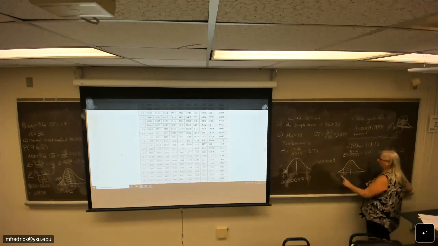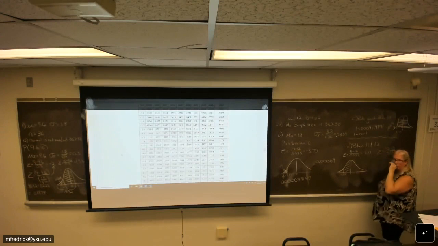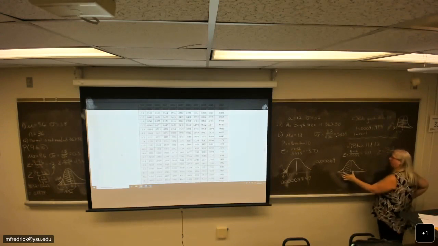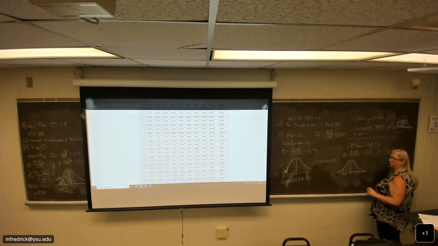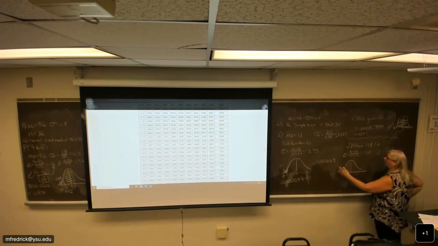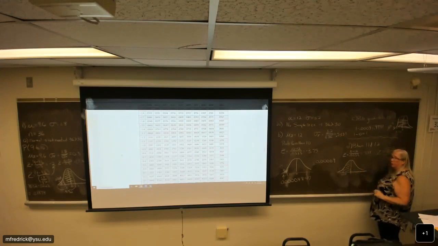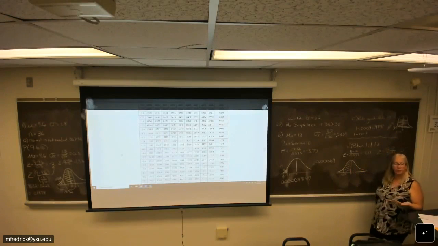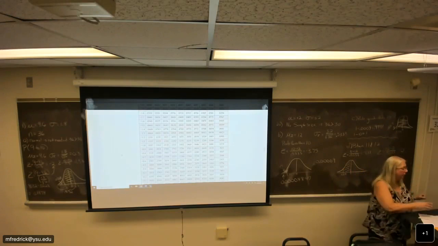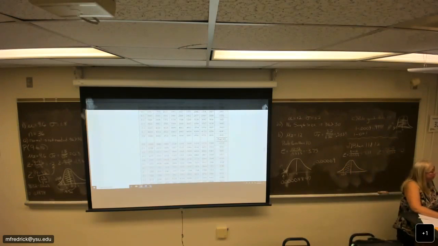So you got negative 1.88 and 0, and 1 in between. So what should we do once we find the two proportions? And what do we know the 0 one is? What would be the percent below 0? It's a half. It splits it in half. You don't even need to look that one up. But if we did, 0.5.